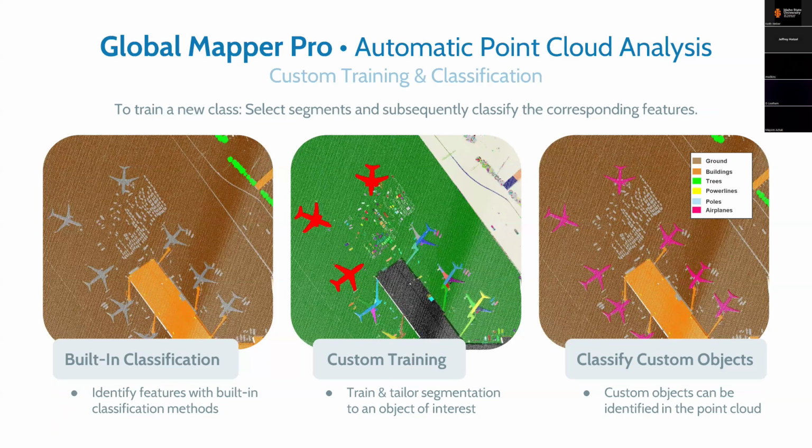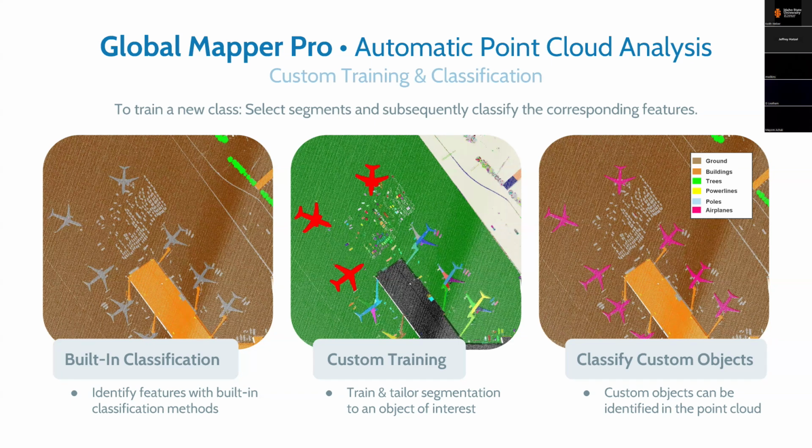I like to use this airplane example just because they're a really unique shape. And so the goal here was to train a new classification to identify airplanes automatically. So after a built-in classification is run, you'll see in the very left-hand image, I found my ground, my buildings, trees, some power lines, etc. Now, once that's done, I can tailor the parameters used to help identify objects of interest.